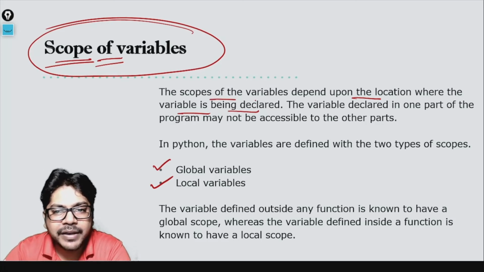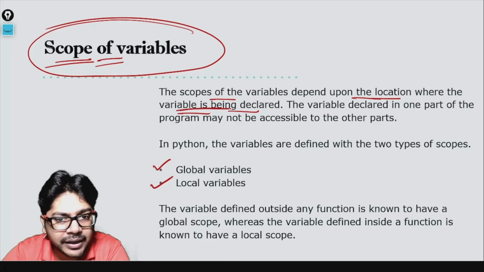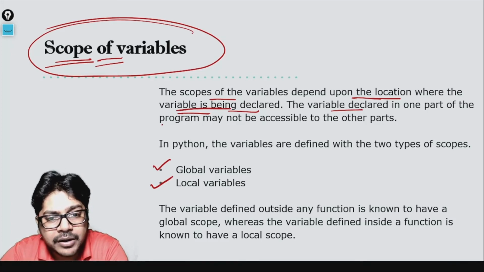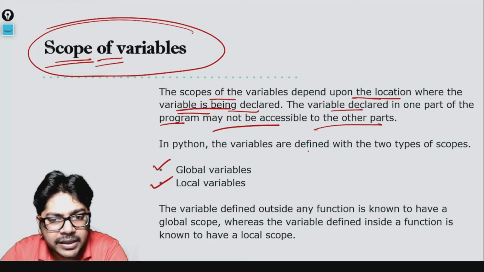The scope of a variable depends upon the location where the variable is being declared. A variable declared in one part of the program may not be accessible to another part of the program. So in Python, variables are declared with 2 types of scope: one is called global variable, the other is called local variable.